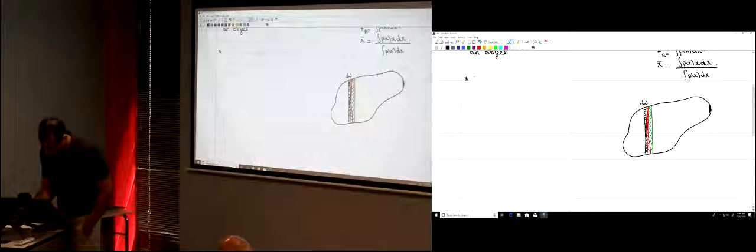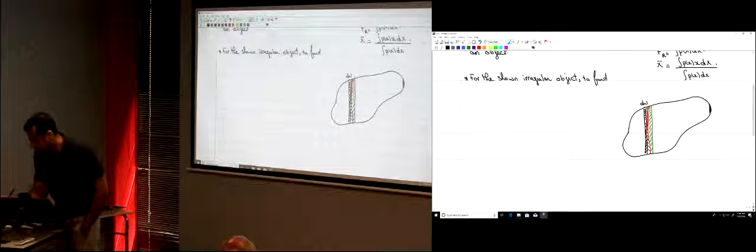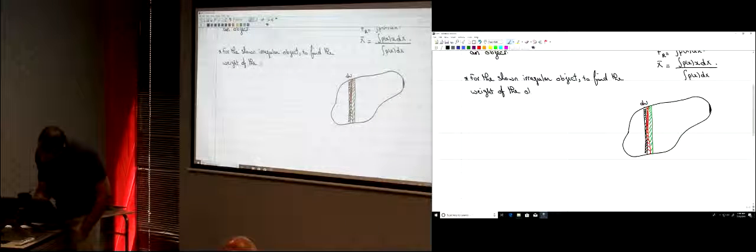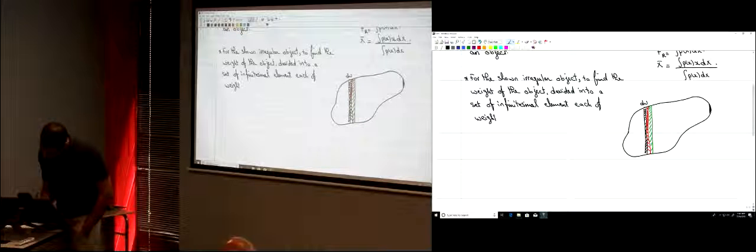So for the shown irregular object, to find the weight of the object, we're going to divide it into a set of, again, infinitesimal elements, each of weight dw.